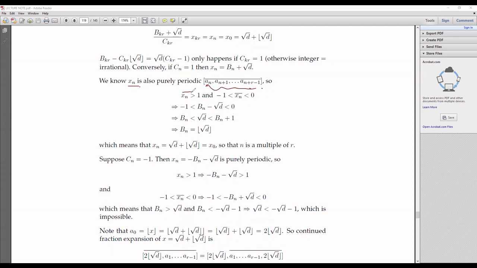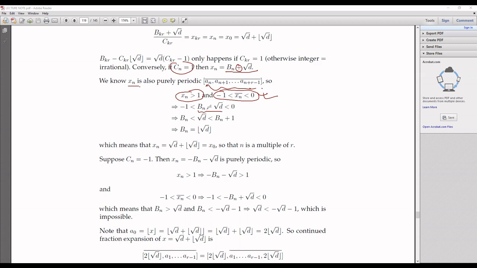Now Xn is greater than 1 and its conjugate is between minus 1 and 0, this was already proved, right? So these are given in a way. So what is Xn bar? Since Cn equals 1, there is no denominator. Xn is just Bn plus root d. Then what should be its conjugate Xn bar? Just put a minus sign here as they did, right? Now this guy is greater than minus 1, less than 0.